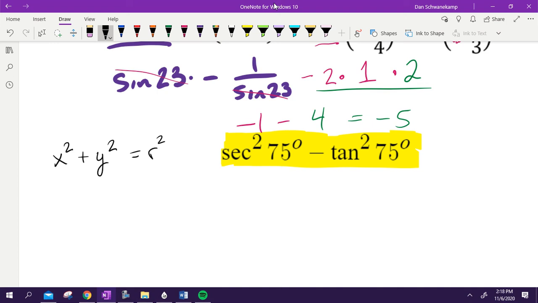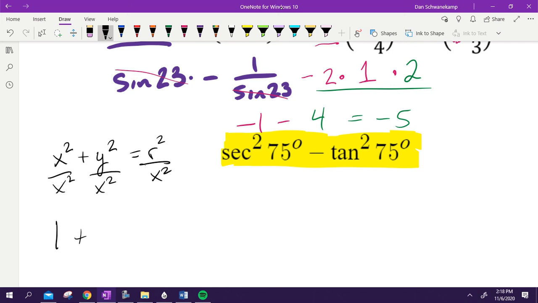X squared. Because secant is r over x. And so if I divide everything by x squared, oh, look, I've got r squared over x squared. That is secant squared. But I got to divide everything by x squared. What is x squared over x squared going to get me? That's 1.